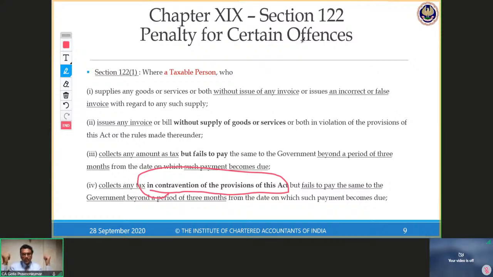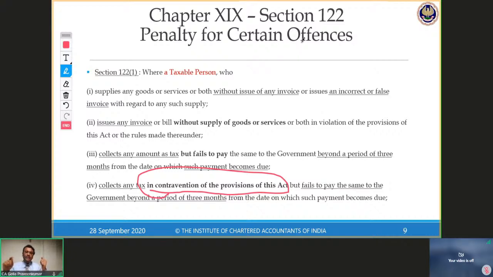Now again, where is the clue for the officer? When the officer looks into your Form 26AS, your income tax TDS certificate, my 26AS says that there is a total income of say 38 lakhs, where income under Section 194J itself is covered to the tune of 38 lakhs. Now what is the magical figure? 20 lakhs. Beyond 20 lakhs, you ought to register but have not registered. There the officer comes and says, look, you are supposed to register but have not registered, and the tax you have not paid.